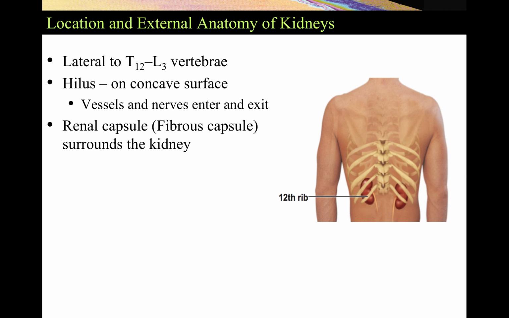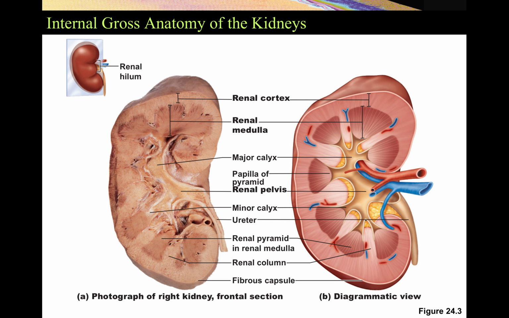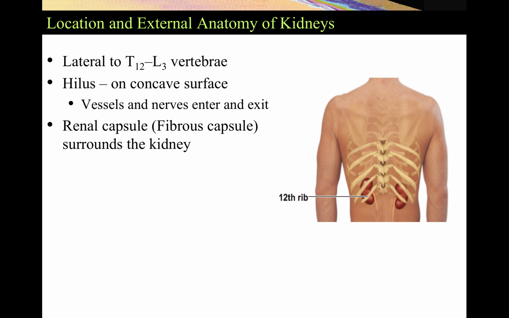You also have a region referred to as the hilus or hilum. If you're looking at the whole picture of the kidney, this middle region with an indentation is the renal hilus, or hilum, and that is where all the main blood vessels and nerves either enter or exit the kidney.